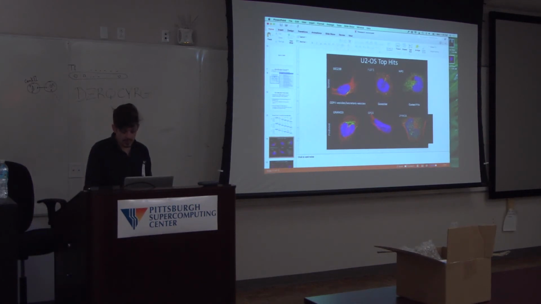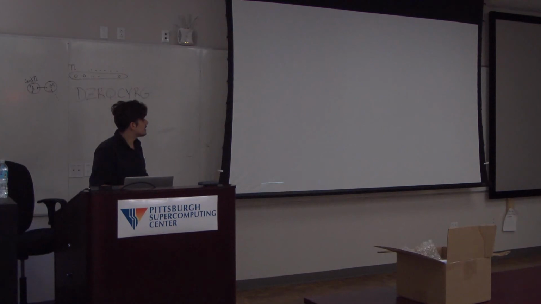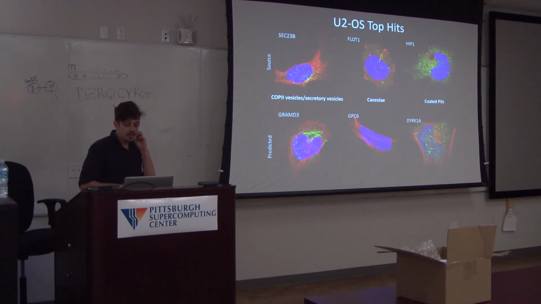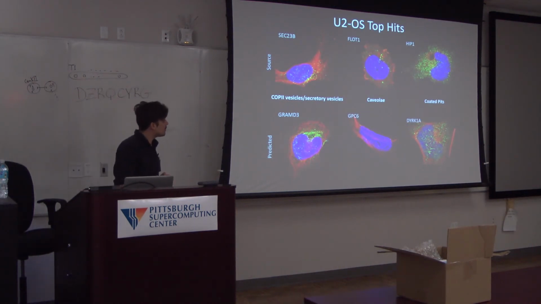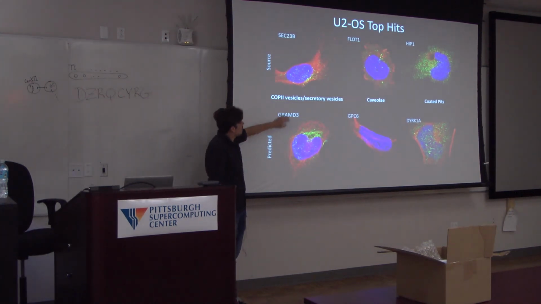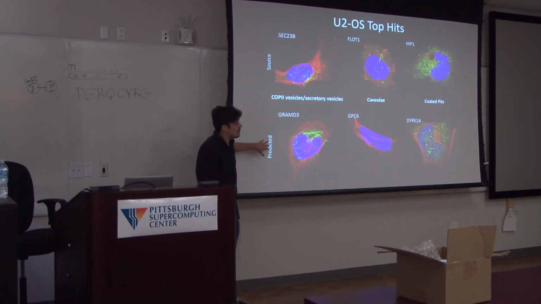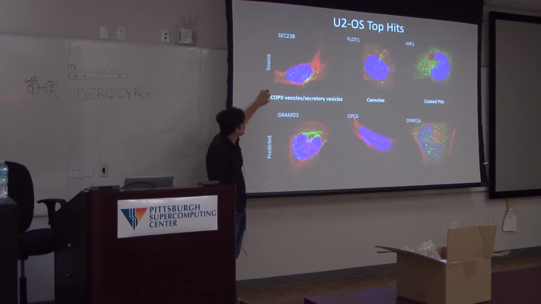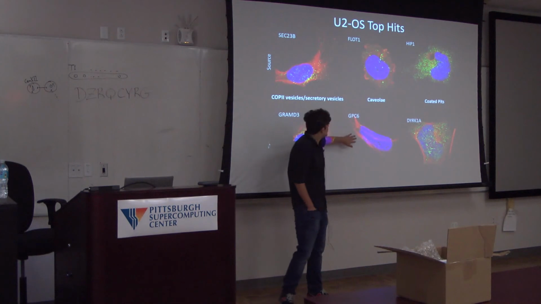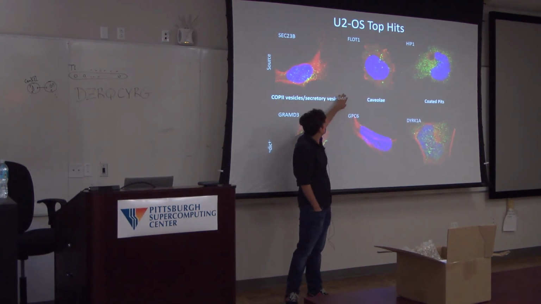And so what we did is that we applied this classification procedure to the rest of the human protein atlas. And here I'm showing the most confident hits given members of our basis set up here, the most confident nearest neighbors or similar proteins. So GRAMD3 looks very similar to the COP2 vesicle pattern of Sec23B. GPC6 is qualitatively similar to FLOT1.